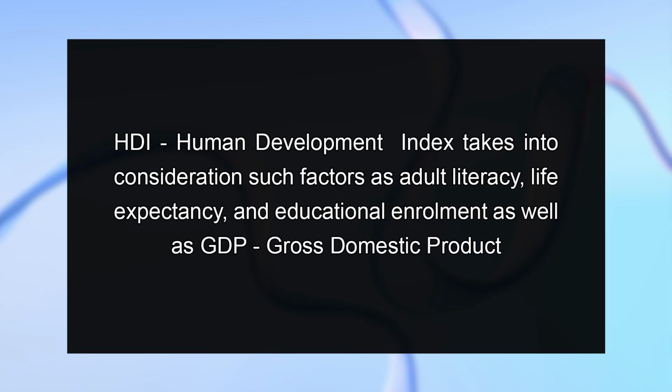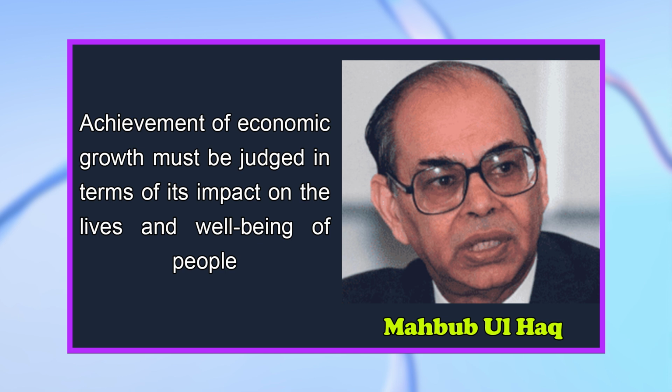The Human Development Index takes into consideration such factors as adult literacy, life expectancy, and educational enrollment, as well as GDP. In other words, the achievement of economic growth must be judged in terms of its impact on the lives and well-being of people, as argued by Mahbub ul Haq, the pioneer of human development philosophy.